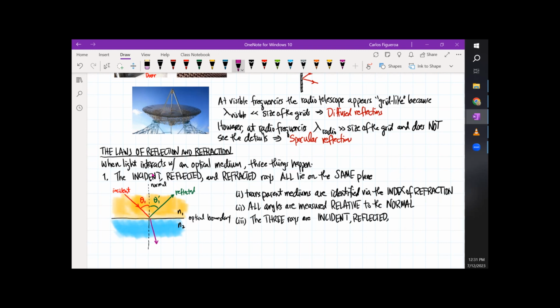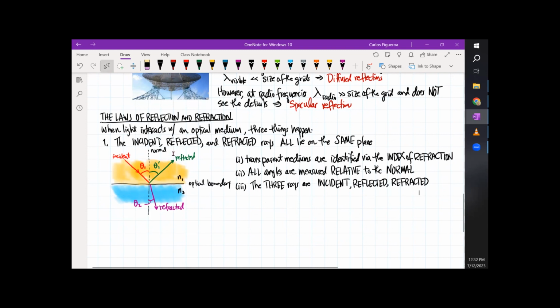So this is the refracted ray, and this is the angle that we measure here, which I'm going to call theta 2. So all of this occurs in a plane.